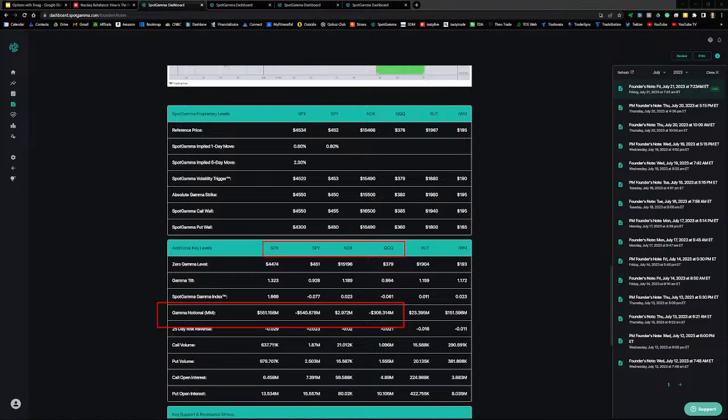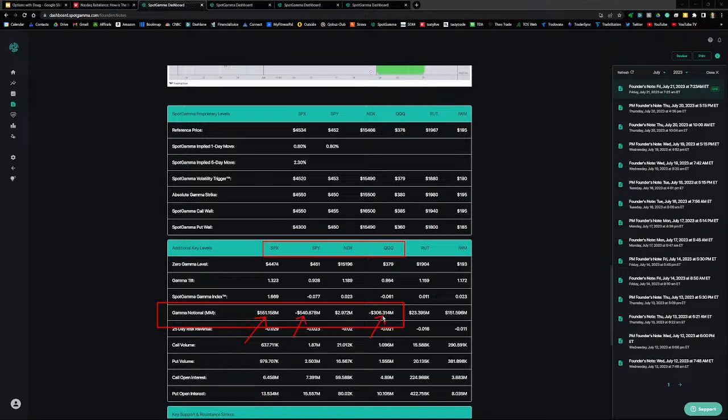And note, gamma notional is still positive for SPX, but shifted to negative for SPY and QQQ. So these numbers all shifted lower. For SPX, less positive, and for SPY and QQQ now shifted to negative.